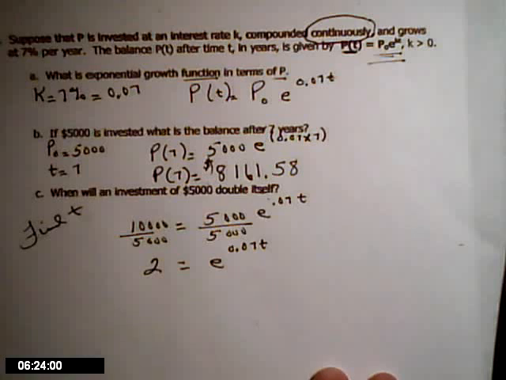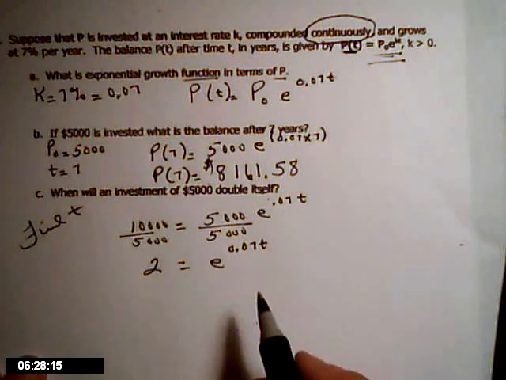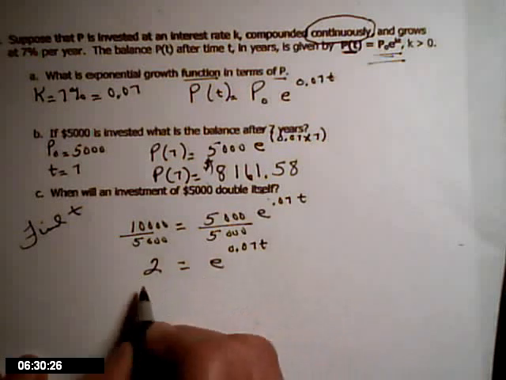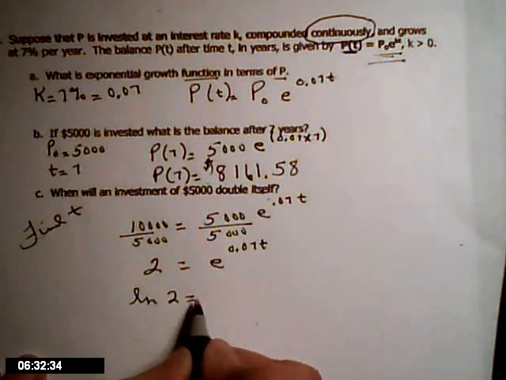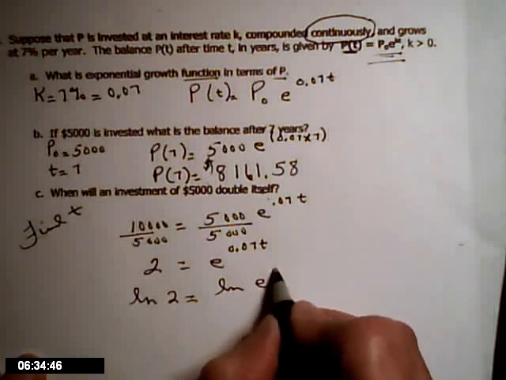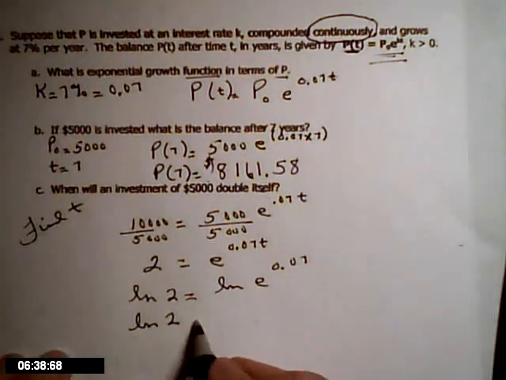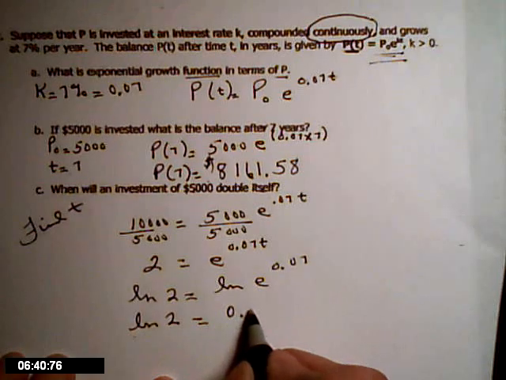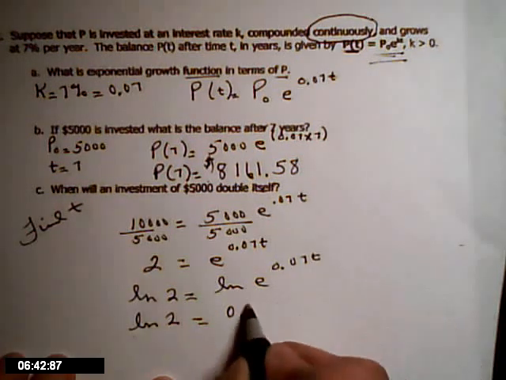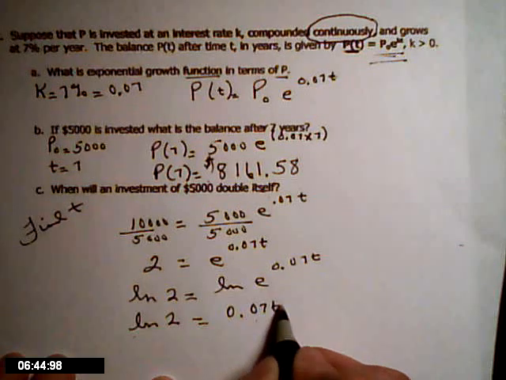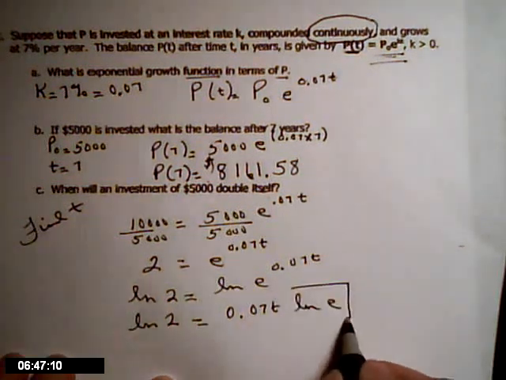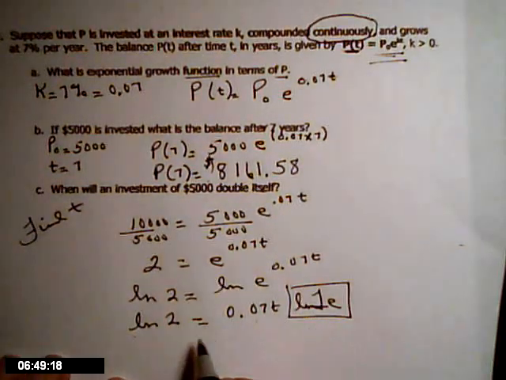Now this is a problem such as we had in the first section of 4.5. I can't get a common base. I have an e, so I'm going to put a natural log on both sides of this problem. Then I'm going to move my exponent down into the coefficient position. I'm also going to remember that natural log of e is 1.